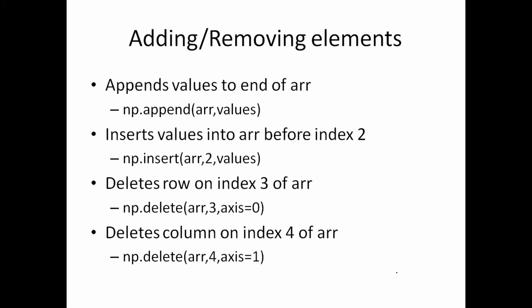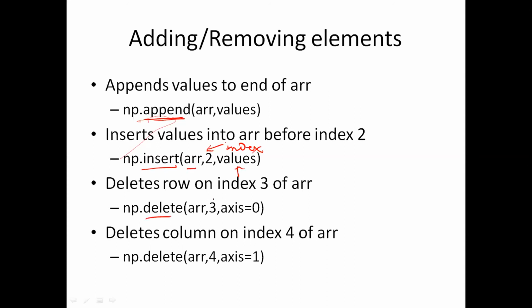Similarly, adding or removing elements from a NumPy array is pretty simple again. You have methods such as append, which is used to append elements onto an existing array, and insert, which takes a position where it needs to be inserted. This is the index where you want to insert the values into an existing array.